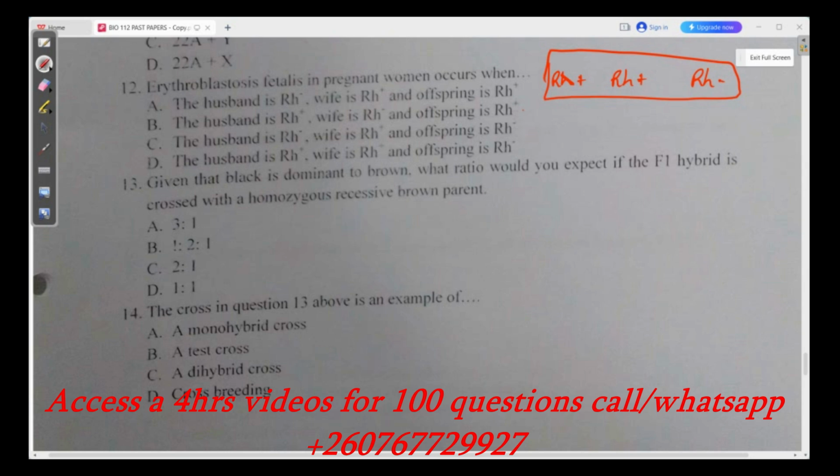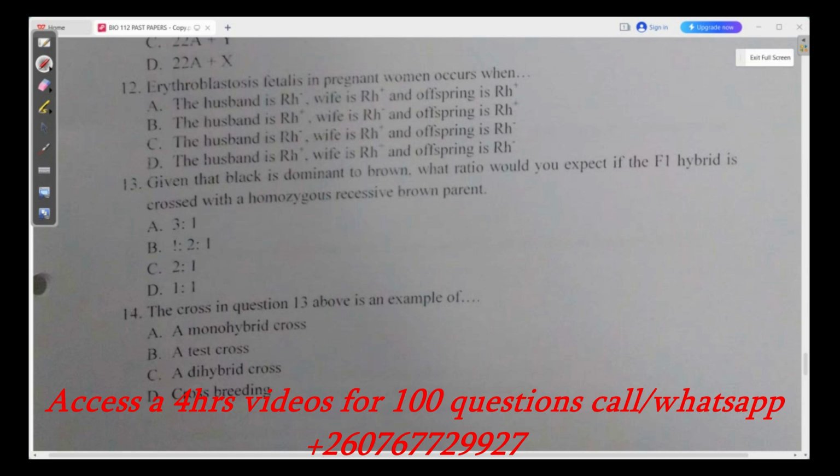So this is what I've explained here. So that is the situation in which this erythroblastosis fetalis in a pregnant woman will occur. The blood of the mother is going to be sensitized against the rhesus positive blood of the fetus.